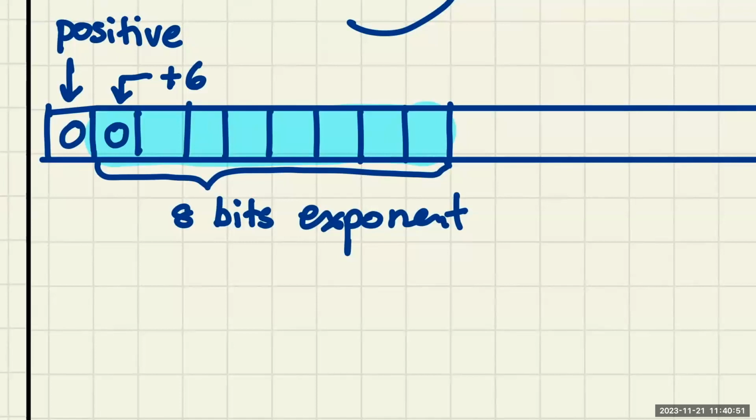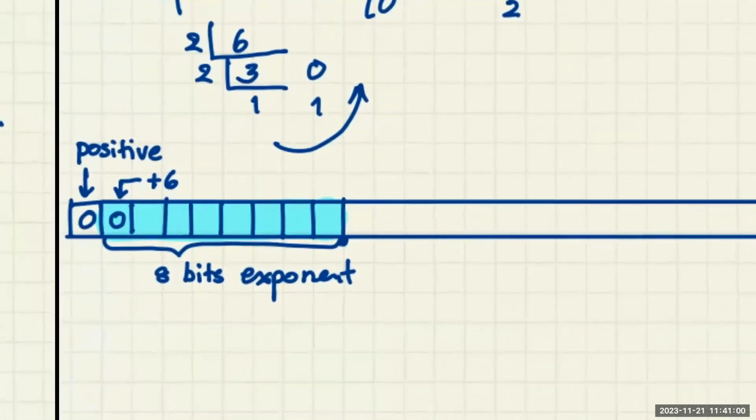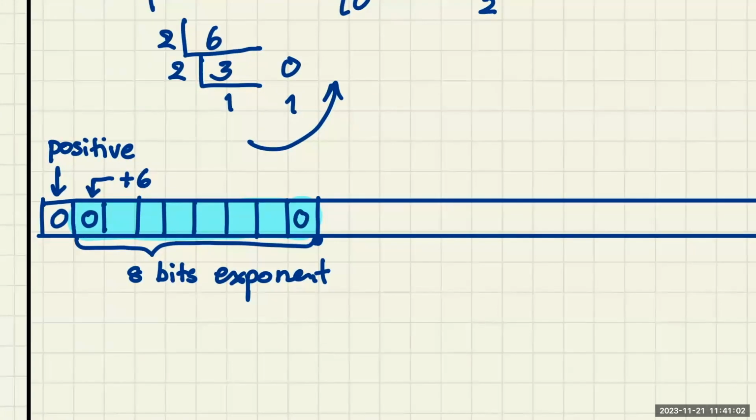And then since number 6 is 110, we store 0, 1, 1, and the rest you plug in 0.